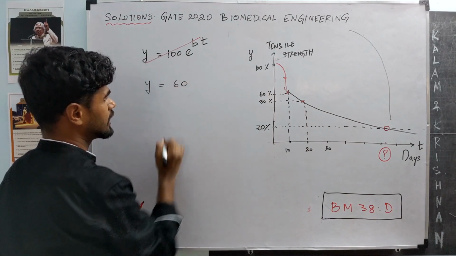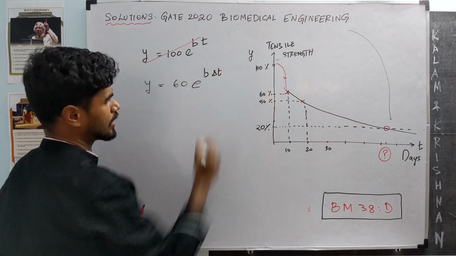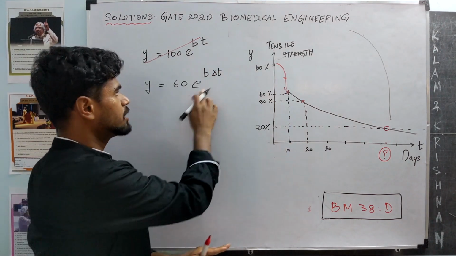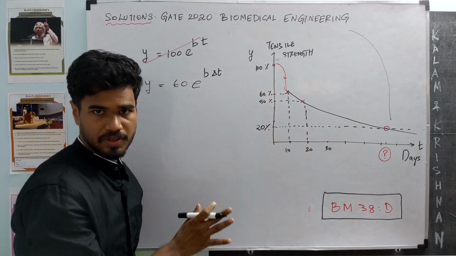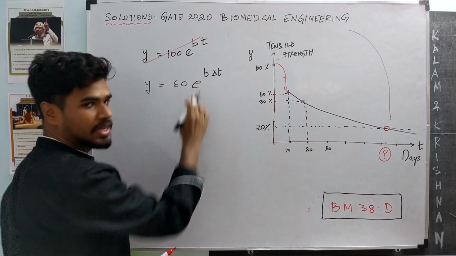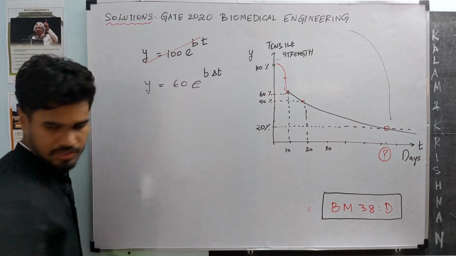So on that day it's 60. If you write it as e power b delta t, at this day delta t is 0, so e power 0 is 1 and we get y's value to be 60. So let's start with this function and try to find the value of b, and then subsequently find the time at which it will become 20%.